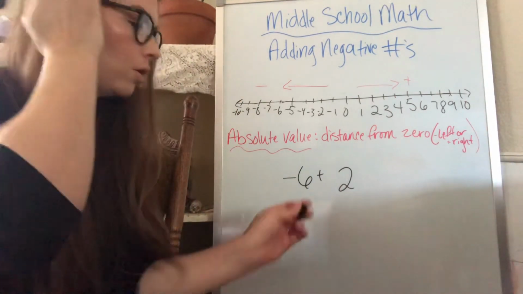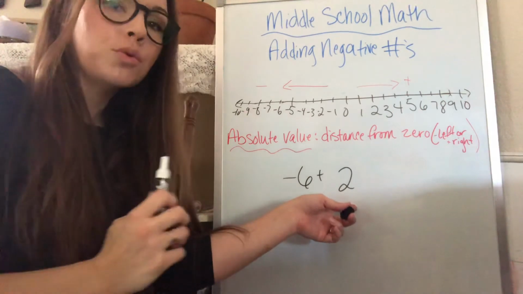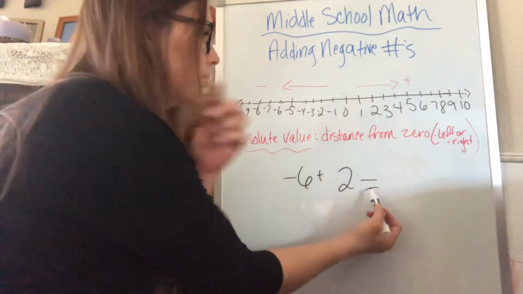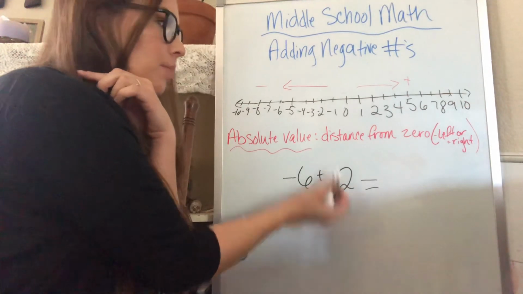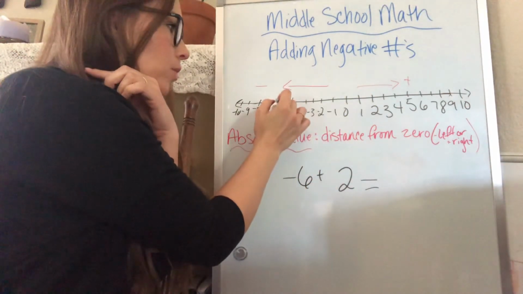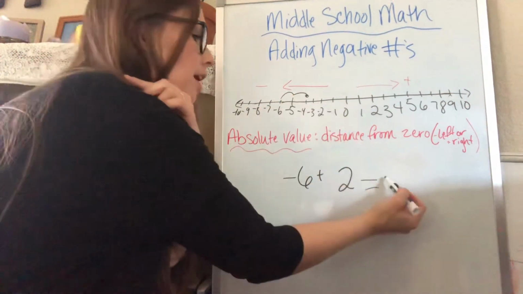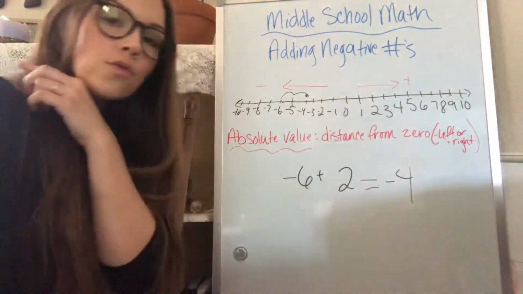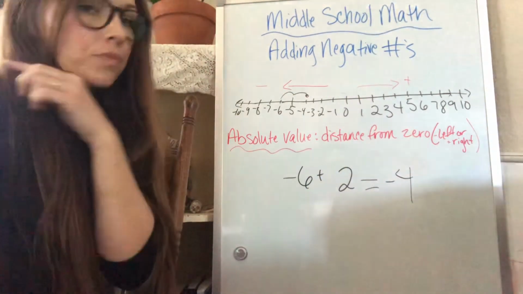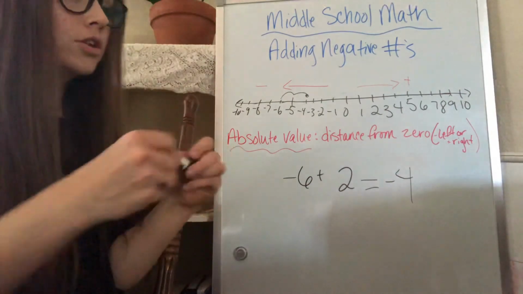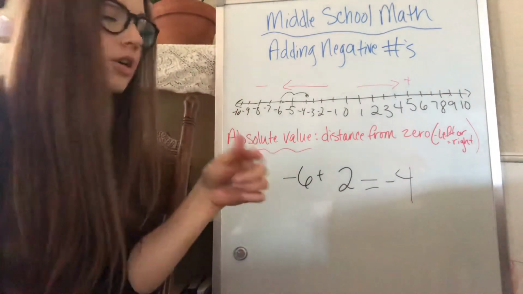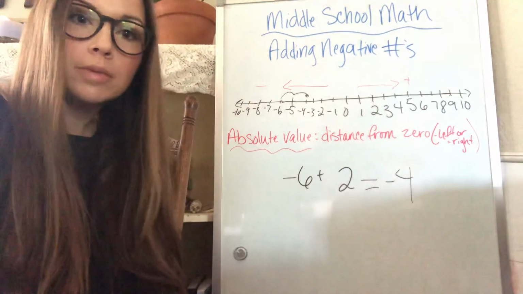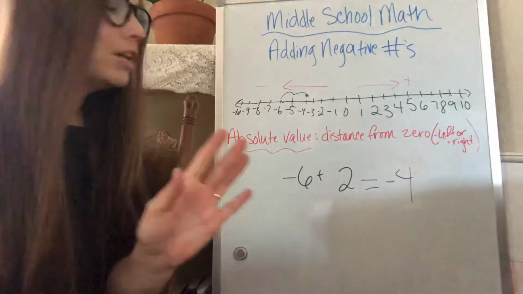If I borrowed $6 and I gave you back 2, then how many would I owe you? Well, I'm over here at -6, and I'm adding a positive. When I'm adding a positive, I'm going to the right. So I'm going to the right 2. So now I only owe you $4, or -4. Okay? None of those are on your assignment, but you're going to see them on Khan, and you're going to see them on your assignment on Thursday. So I just wanted to make sure that you had a little taste of that one.